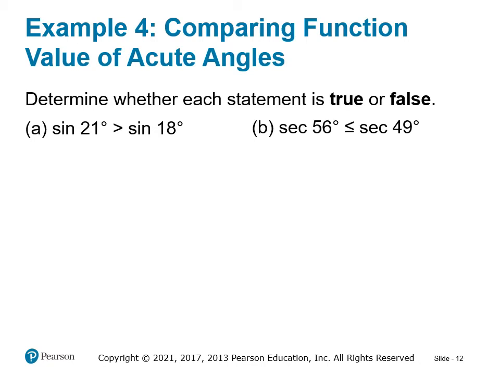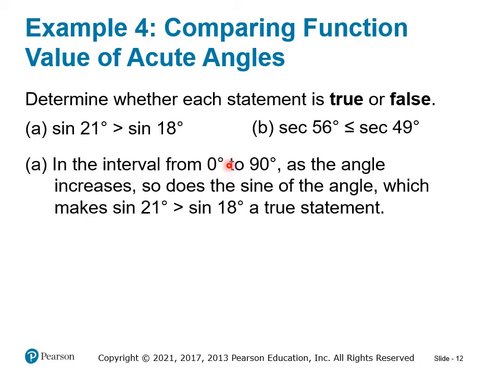So, based upon what we just looked at, determine whether each of these statements is true. Is the sine of 21 greater than the sine of 18? Well, remember what we said, as the angle A gets bigger, the sine will get bigger. So for part A, this is definitely true. As angle A gets bigger, the sine gets bigger, okay?